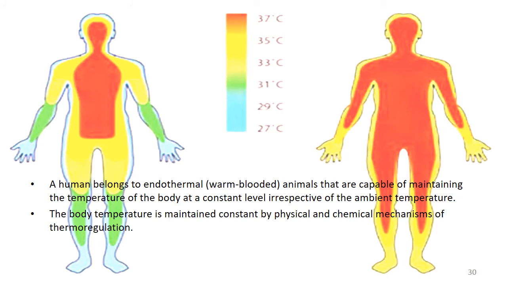The body temperature is maintained constant by physical and chemical mechanisms of thermoregulation. Chemical thermoregulation is activation of metabolism with a resultant increase in heat production. Contractile thermogenesis includes increase in the tone of skeletal muscles to provide position of the body, limiting dissipation of heat. Muscle shiver, which is the most powerful mechanism of heat production.